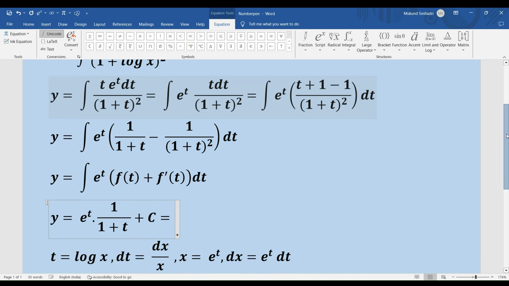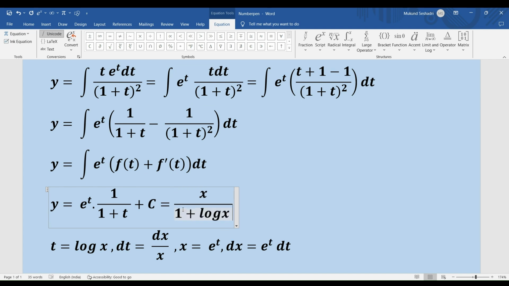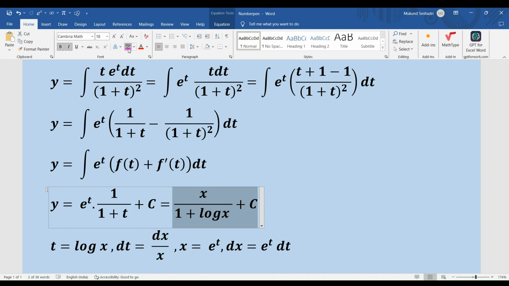My e to the power t is nothing but x, and then my 1 by 1 plus t is nothing but 1 plus my t is log x, right? So I have x divided by 1 plus log x, and I have my arbitrary constant c, right? So my answer to this problem is x divided by 1 plus log x plus c, right? So let me highlight my final answer in pink.